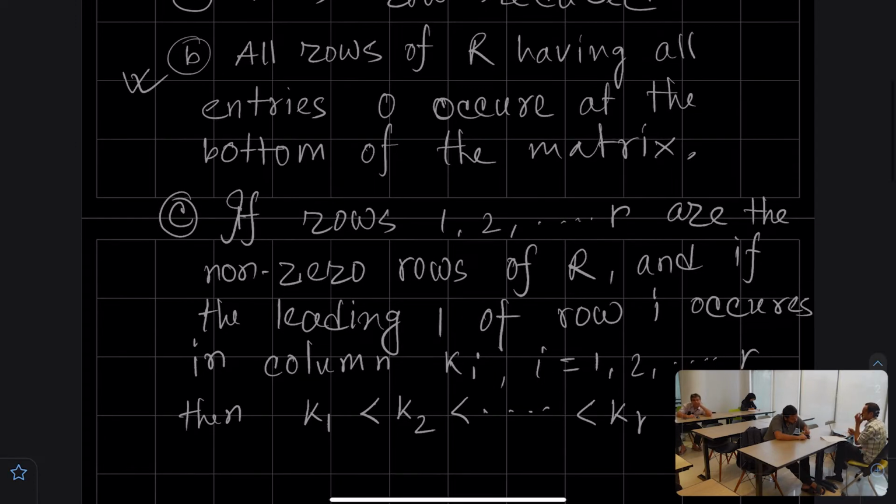Okay. So this is the definition of row reduced echelon matrix.